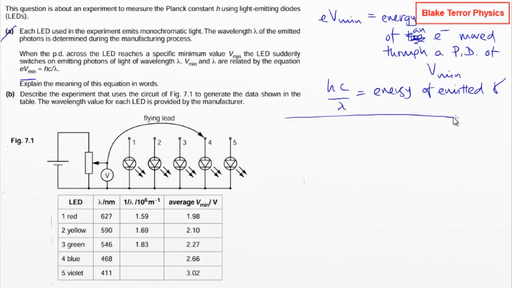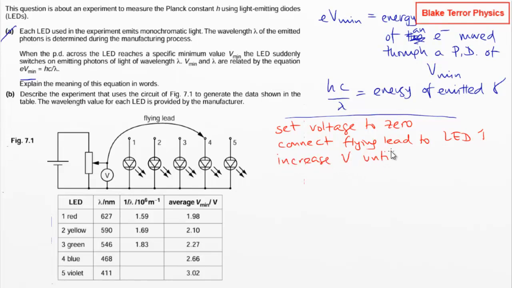So what we're going to want to do is start off by setting the voltage to 0, because we're going to ramp this up and see where first light is. Then we connect the flying lead to the first LED, LED 1. Then we increase the voltage until the LED lights up. We might want a blackout shield around the LED to make it easier to see.